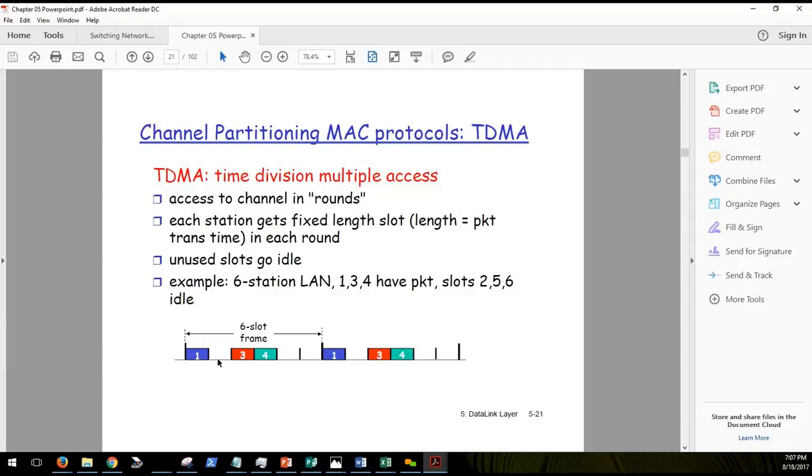And that was one of the problems with time division multiplexing, is that you had these idle slots. So your bandwidth was literally going to waste. But it was, however, a very effective way of handling it.